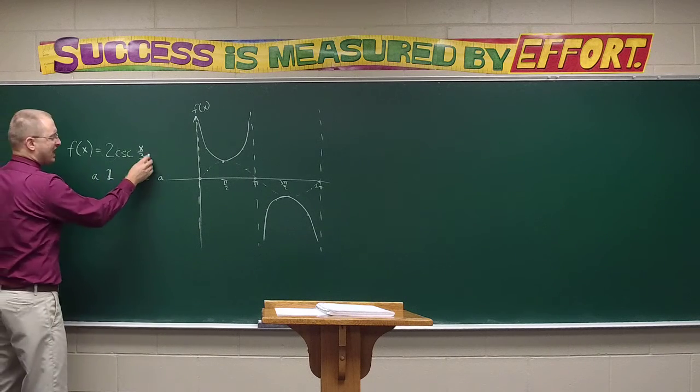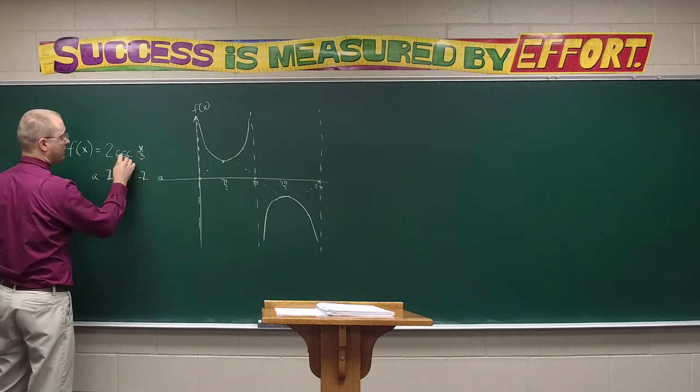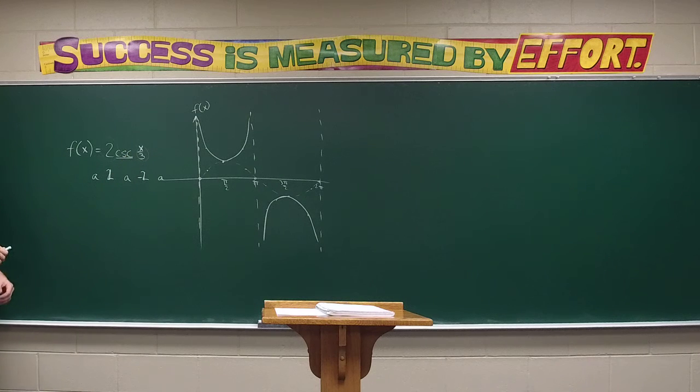And then what does the denominator 3 here change for us? The period, right? For secant and cosecant, the period is normally 2 pi, just like sine and cosine, since they're reciprocals. Pi is for tangent and cotangent. Technically it's going to be 2 pi over b.